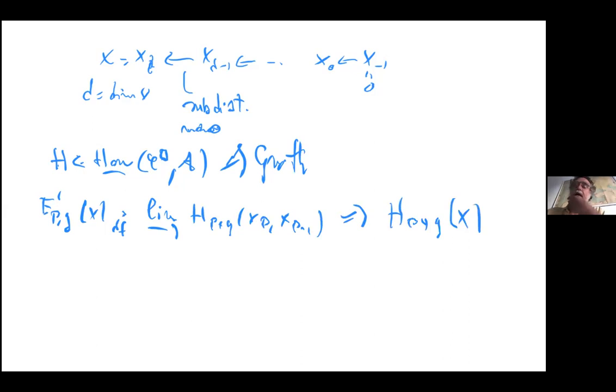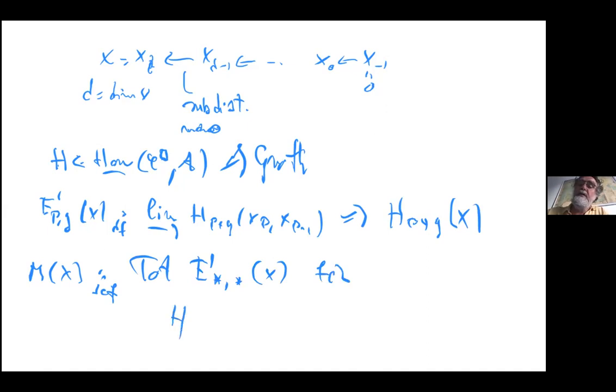So I have a homological spectral sequence like this, and in fact I can take m(x) to be, by definition, the E1 star star of x for H equal to the universal relative homology. I don't need anything here, I just need a relative homology theory.